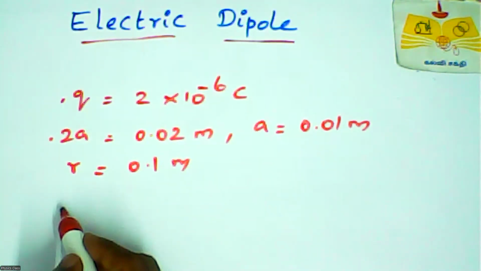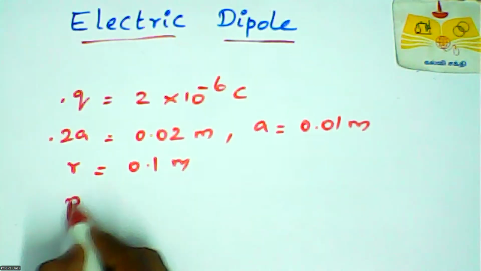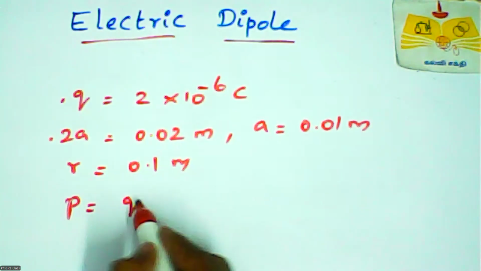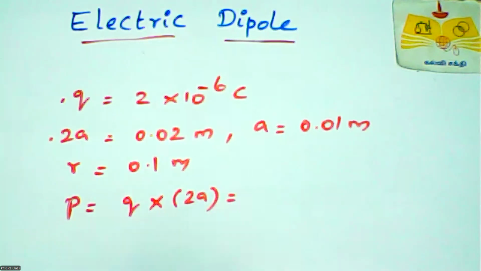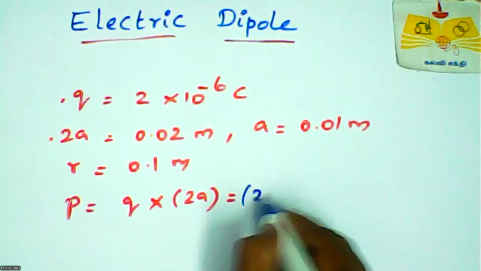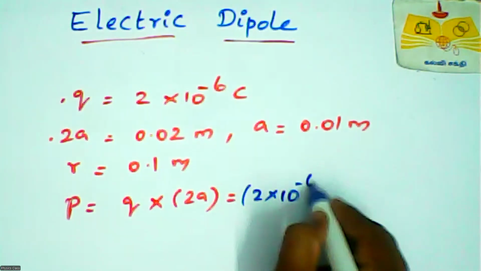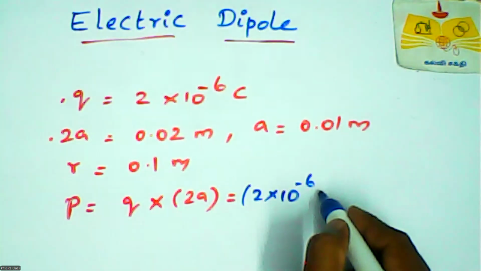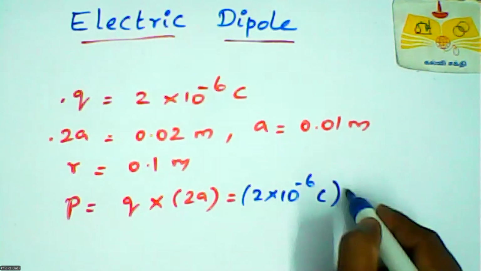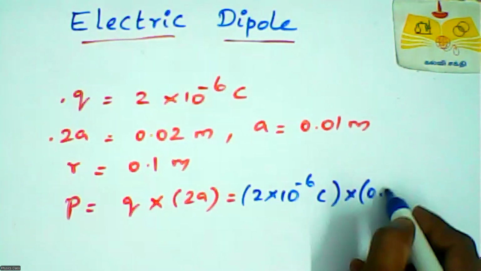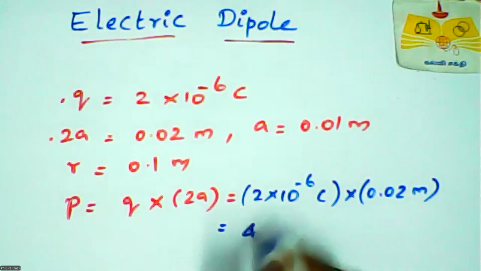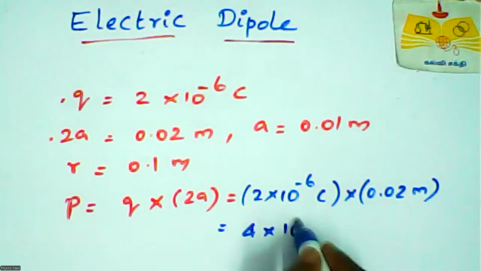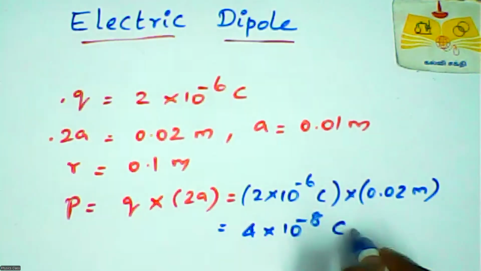So now we have to find the dipole moment P. Already I told you the formula for dipole moment is Q into 2A. Just put those values: 2 into 10 power minus 6 coulomb into 2A, 0.02 meter. Then we will get 4 into 10 power minus 8 coulomb meter.